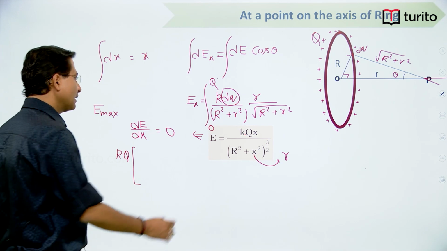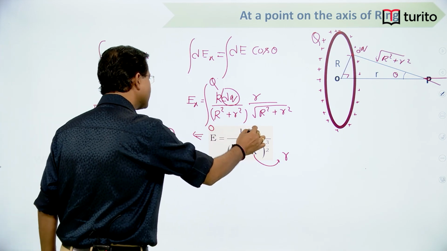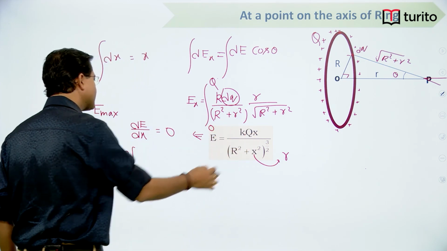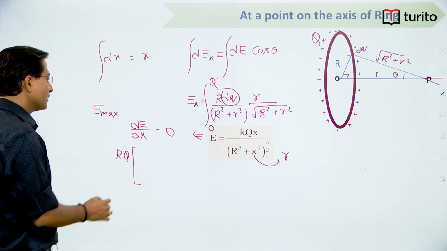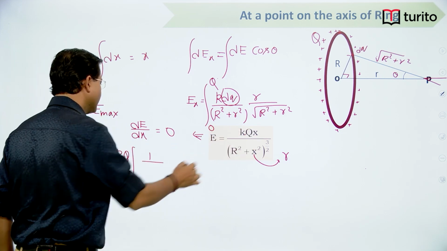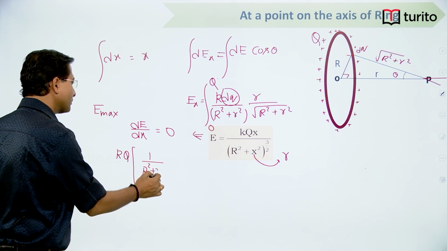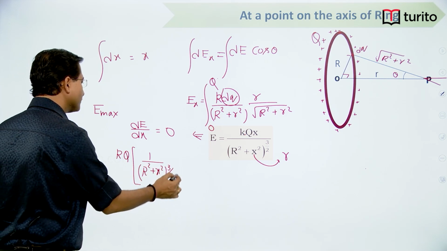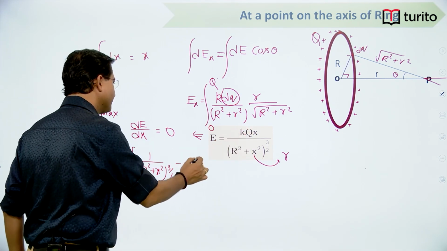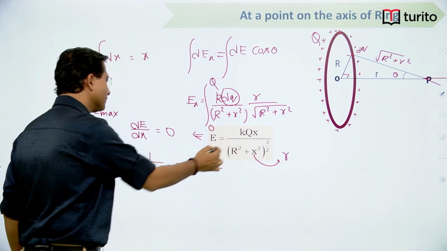Look at this one, I am differentiating it; this is one term, this is another term. So, first I will differentiate this term, f(x) into g(x), right. The differentiation of this first term will become 1, and the other one will be r square plus x square to the power 3 by 2, right. Now, keeping this x the same, I will differentiate this term.